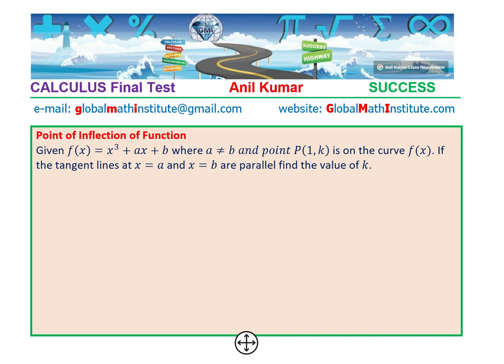If the tangent lines at x equals a and x equals b are parallel, find the value of k. Perfect. So these are very interesting questions. I hope you are enjoying this journey of understanding what kind of final test paper you could expect, and also how we prepare for this course.